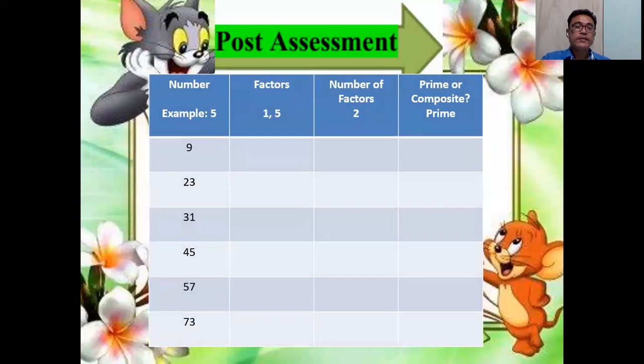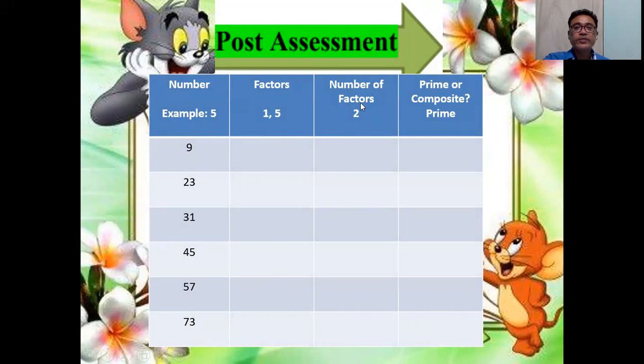Children, are you ready for our assessment? We have letter A, complete the table in your module. And we have here an example. The number is 5 and the factors of 5 are 1 and 5. So you write your answers here.